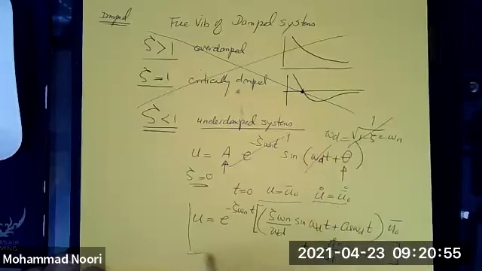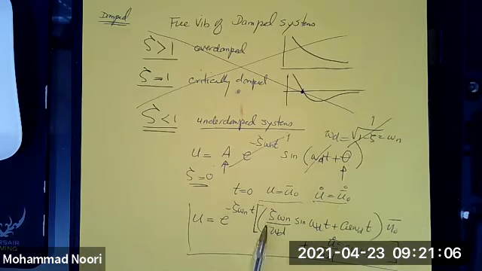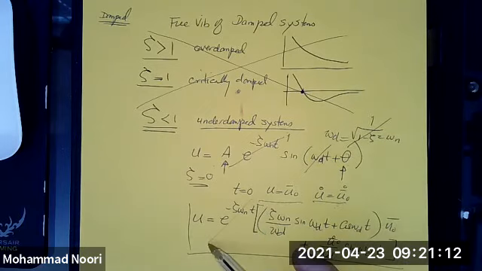So this is the response given the initial conditions. Again, if you substitute for zeta equal to 0, this becomes 1.